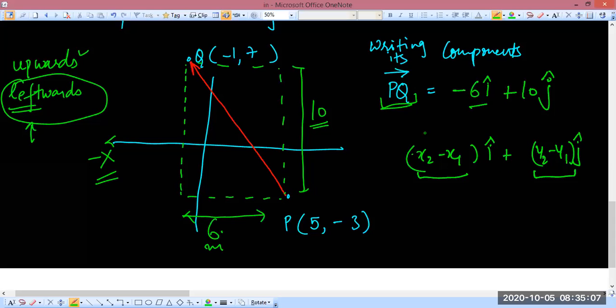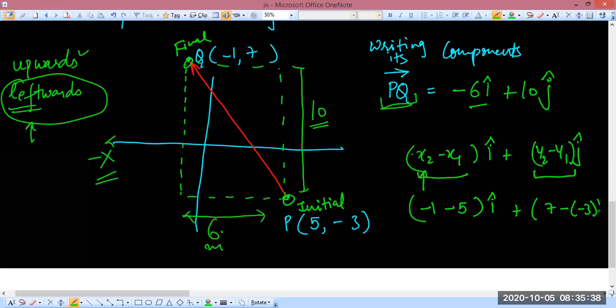But you should understand which is initial, which is final, which is first, which is second. Otherwise, you'll get the wrong answer. So here x2 means final, so final is Q, and initial is P. Look at the arrow, it goes from here to there. x2 is minus 1, x1 is 5, y2 is 7, and y1 is minus 3.